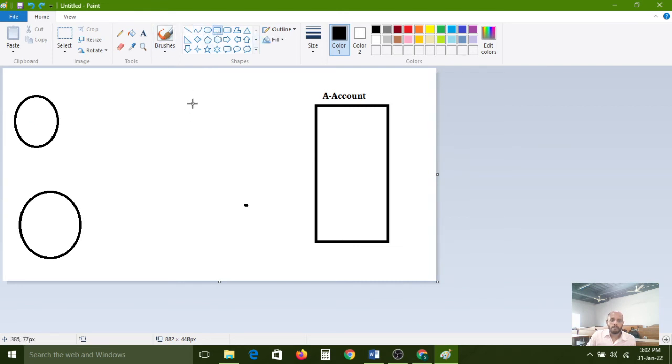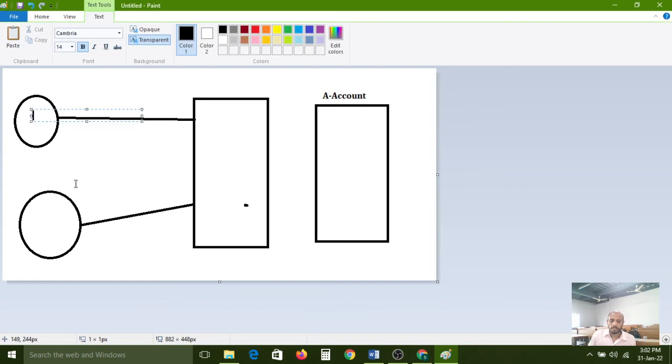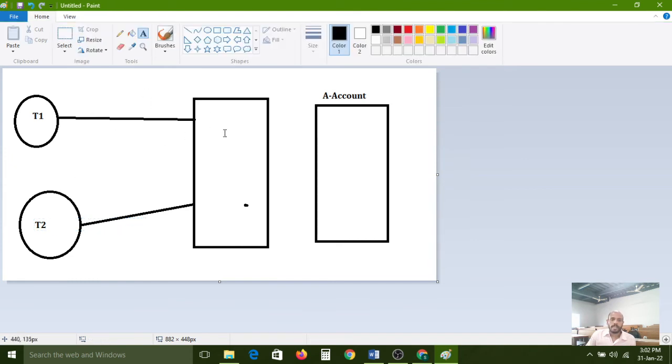Wait, in between a buffer is also required. This is RAM memory, the partially committed state memory. T1 is transaction 1, T2 is transaction 2, and they read the value from the A account.